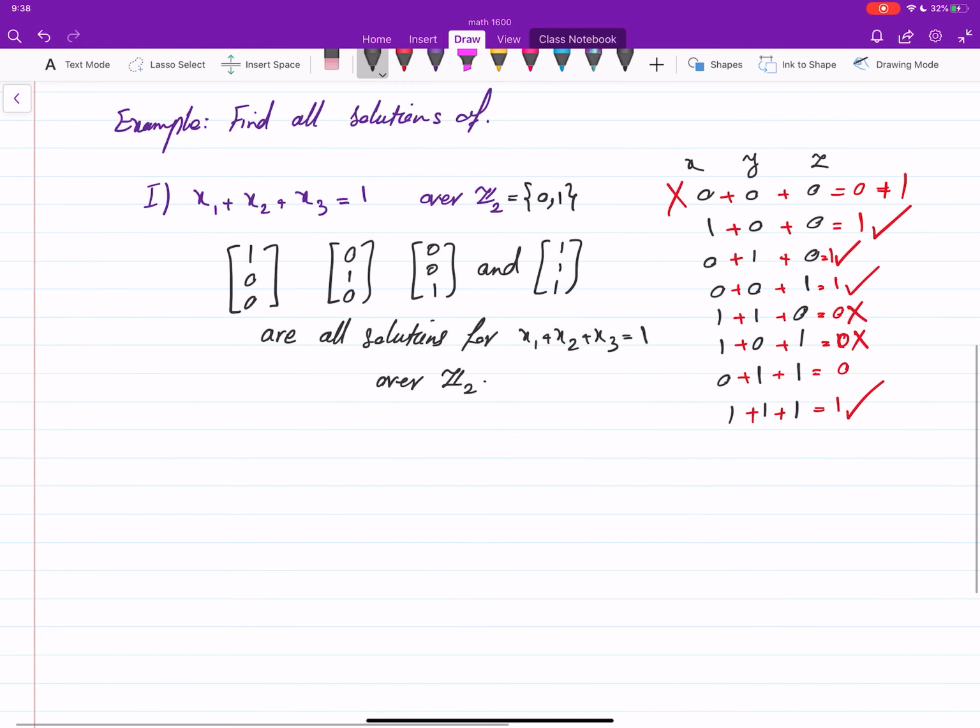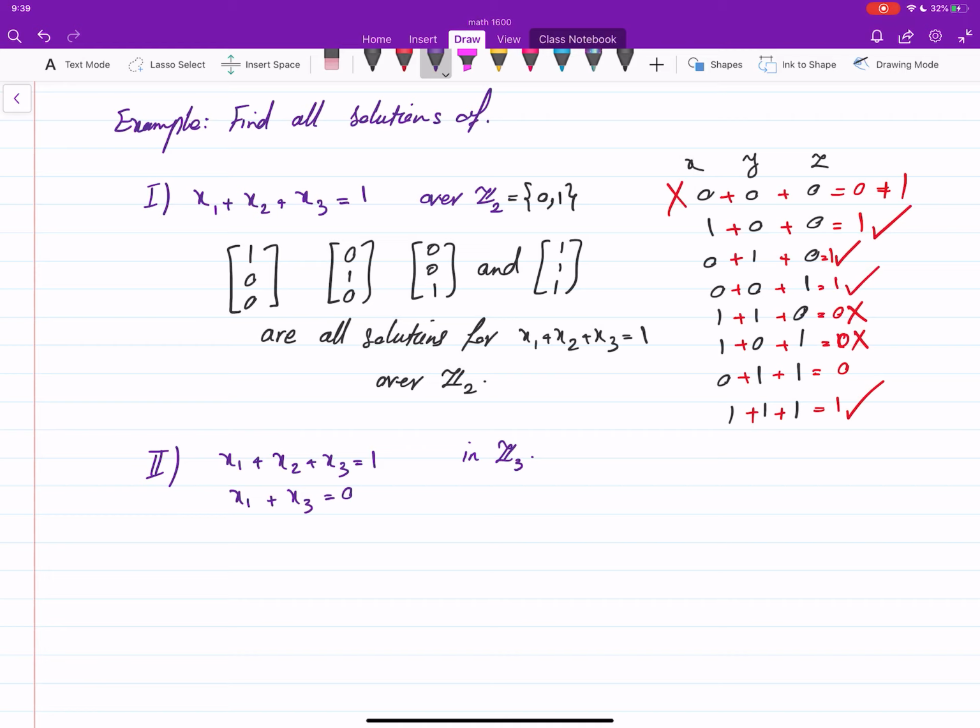For Z3, you plug in all possible values for x1, x2, x3, and you find all the possible solutions. Or even if you have a system of linear equations, something like x1 plus x2 plus x3 equals 1, and x1 plus x3 is equal to 0 in Z3.